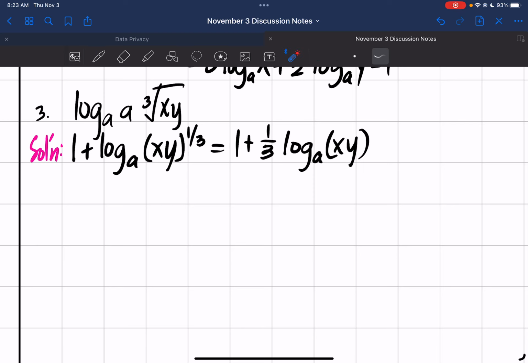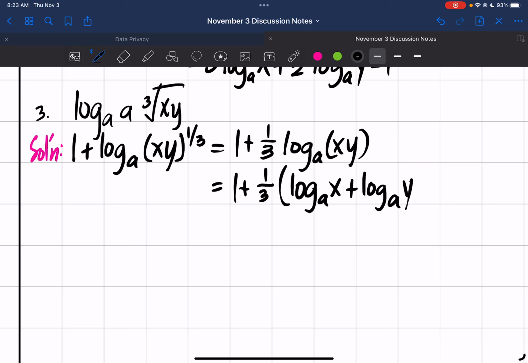And now, yung kailangan na lang nating i-address is yung product ulit ng dalawang expressions, which is x and y. So, using the product rule, we have 1 plus 1/3 multiplied by log of x base a plus log of y base a.